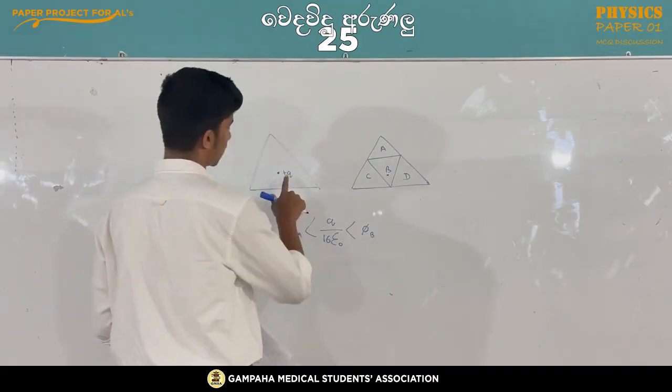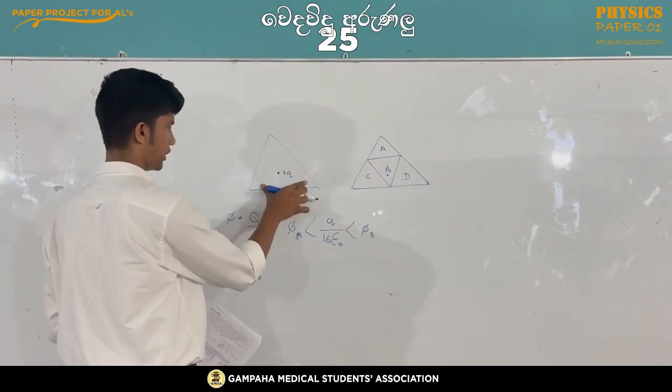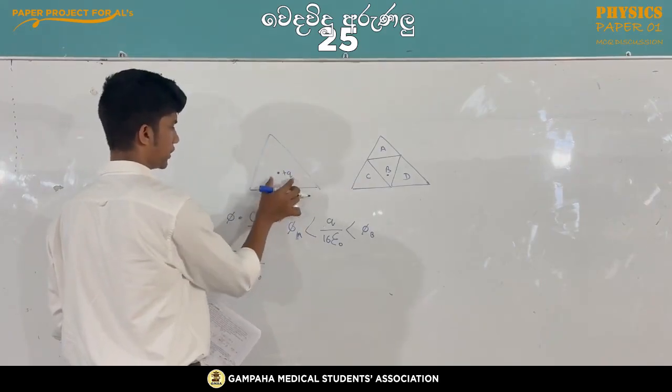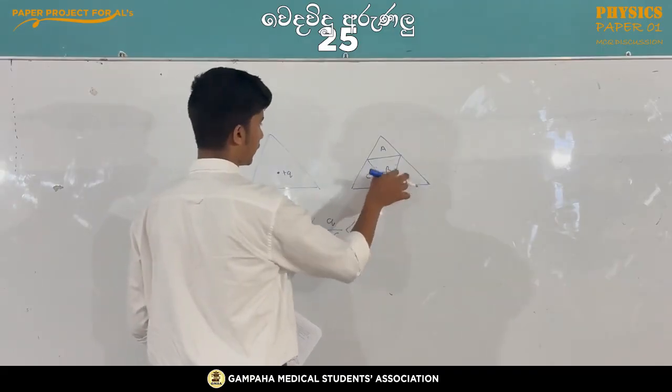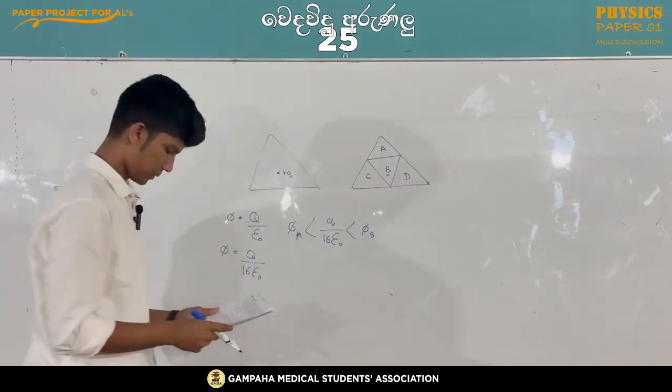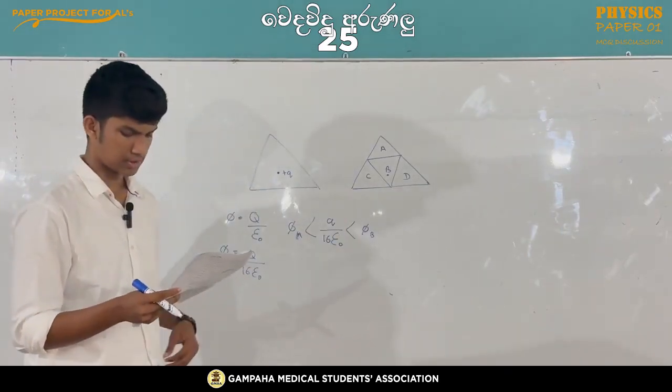This is because the charge Q is located at the center of the tetrahedron and a bit towards the bottom of the tetrahedron. Therefore, it's closer to the triangle B than to triangle A. So then the correct answer is answer number 5.